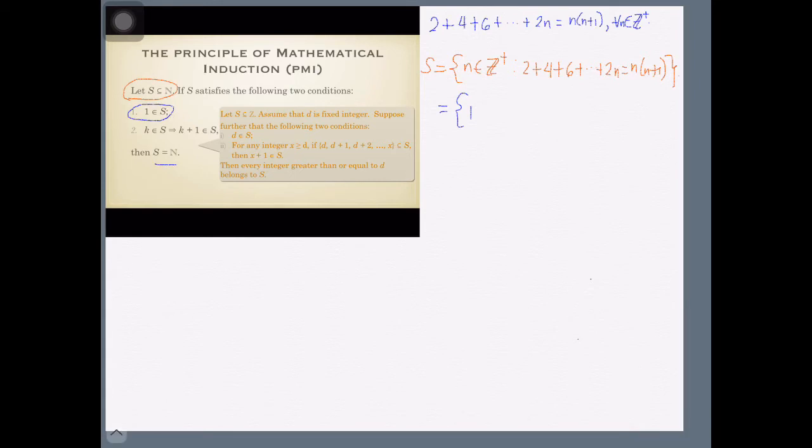So it means that S eventually will have the same elements as the set of natural numbers, so it would look like this. Alright, so for this part, let's start with the first one, of course, and that would be 1. Let's have that one here.